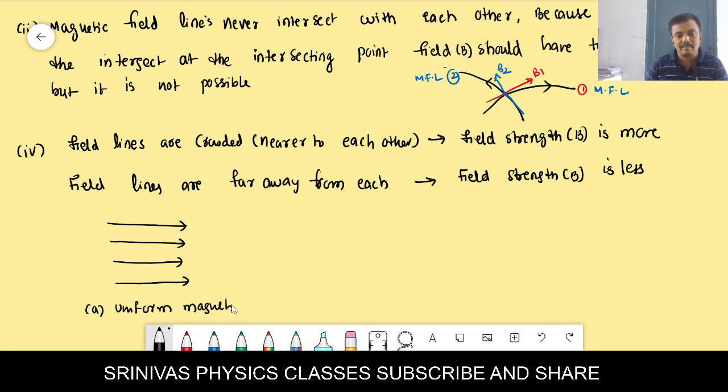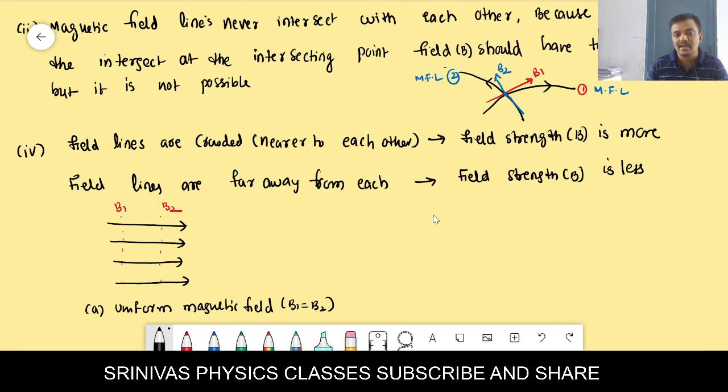Separation between them is constant. If you take two points, at this point the field B1 and at this point field B2, then B1 is equal to B2. The field strengths are equal, that is, the field is constant.